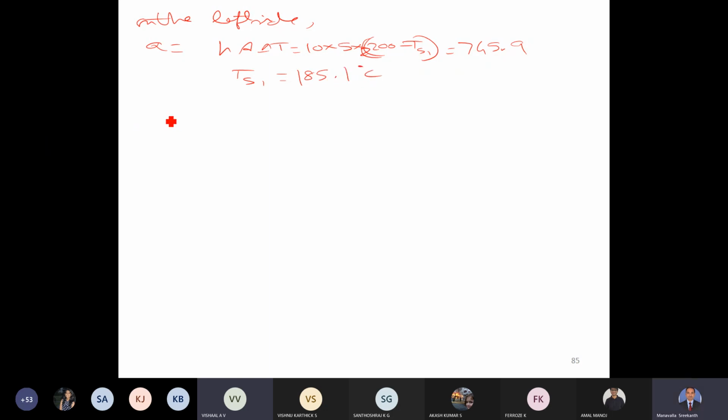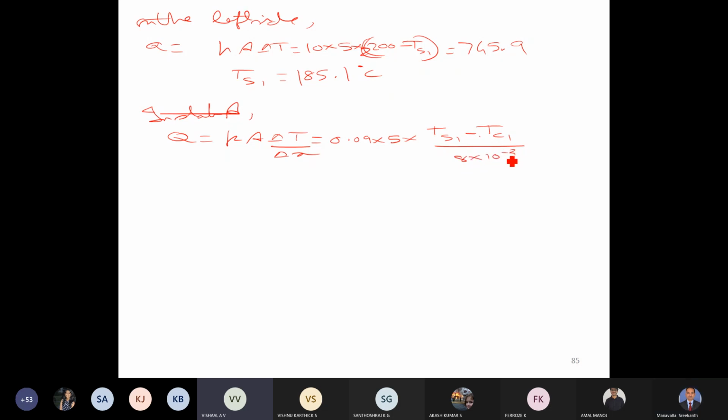Now in slab A, Q is equal to kA delta T by delta X. k of the slab is 0.09, multiplied by area 5, multiplied by delta T, which is TS1 minus TC1, divided by delta X. Thickness is 8 millimeters, so 8 times 10 to the power minus 3.